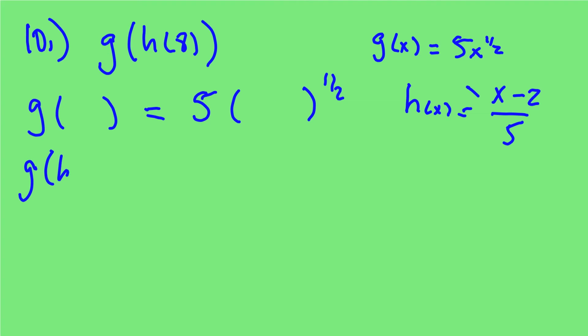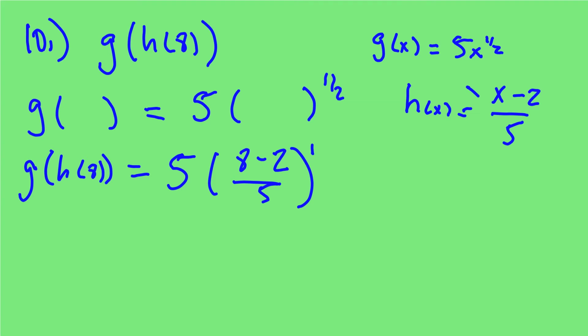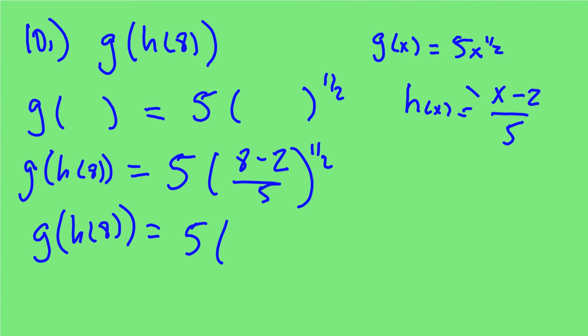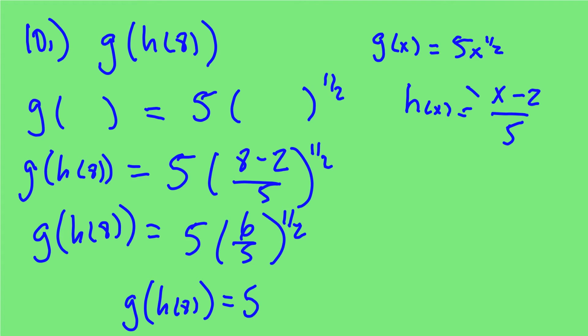So I put g of h of 8, and I put 5, instead of h of 8, I put 8 minus 2 all over 5, to the 1/2. So I have g of h of 8 equals 5 times 6 over 5 to the 1/2. I plug it all into my calculator, so I get g of h of 8 equals 5.477. And that's it.